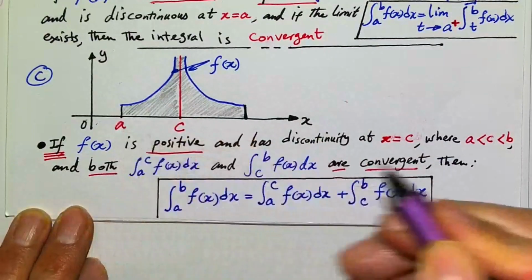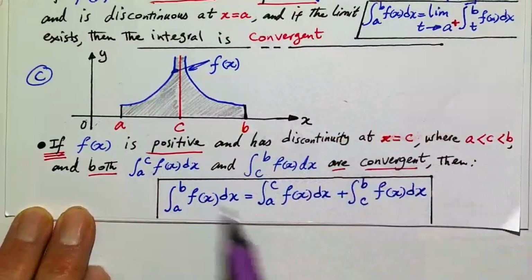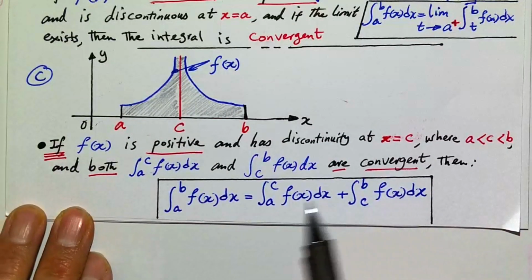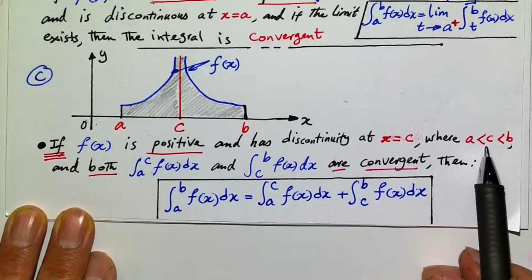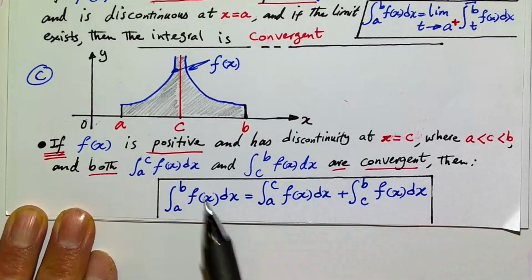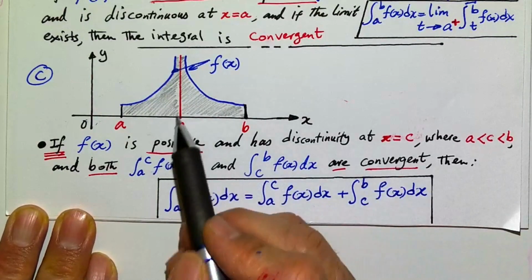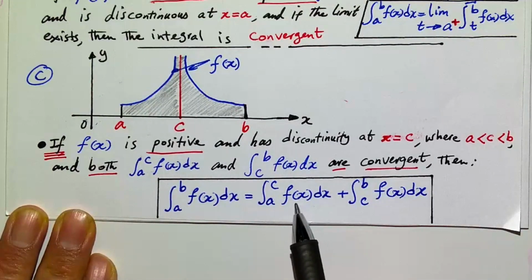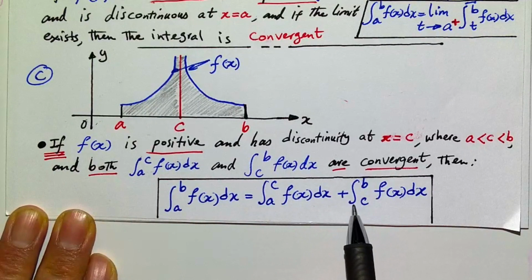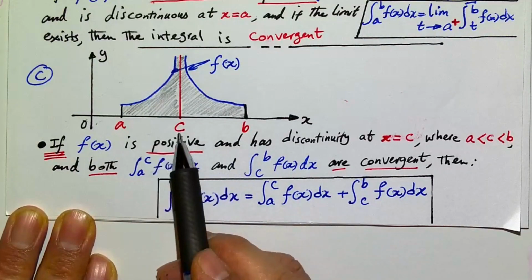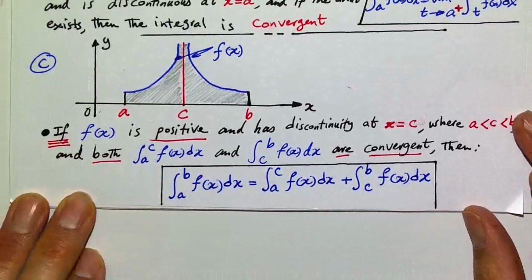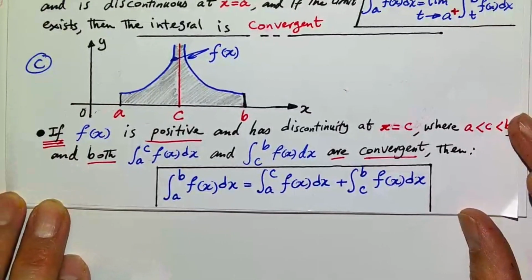So this would be A, and this would be B. So C is between A and B, and that is shown here, by the way. So C is between A and B, somewhere there. And if that's the vertical asymptote, then A to C should be one piece, and then plus C to B would be the other integral.